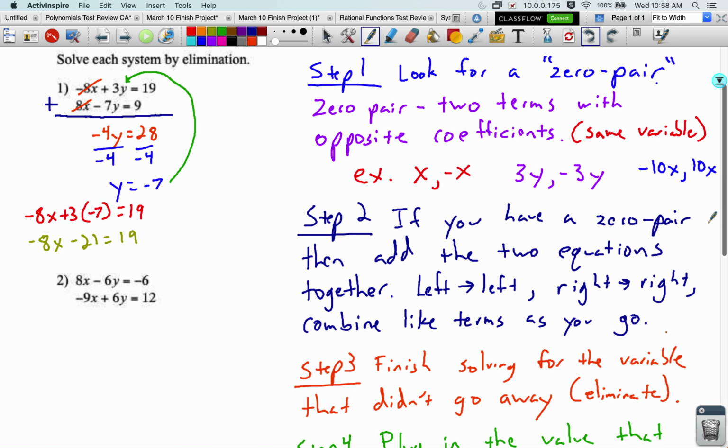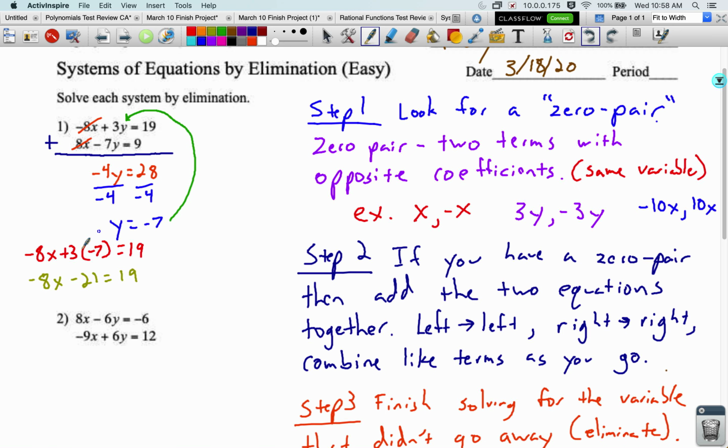Okay, back to our problem. So I plugged in -7. I multiplied the 3 and the -7 to get -21. I add 21 to both sides. Then I get -8x equals 40. 19 plus 21 is 40.